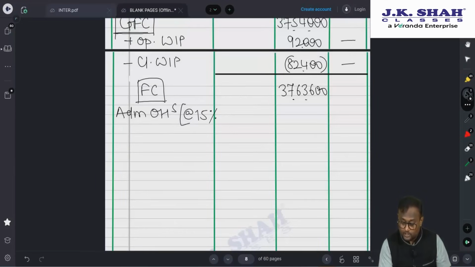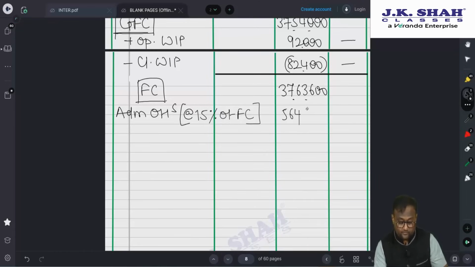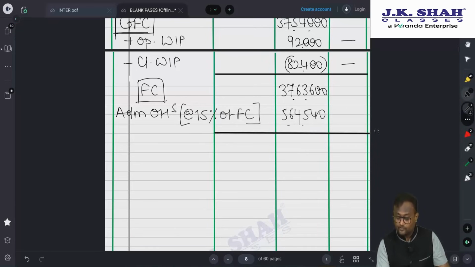So 15% of 37,63,600 is 564,540. 564,540 is your admin overheads related to production.